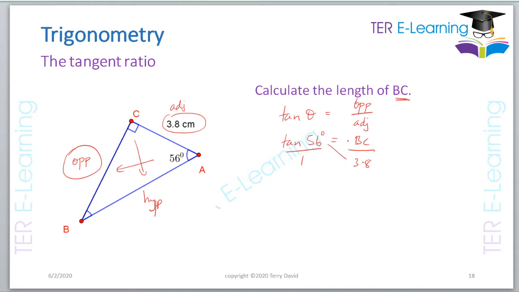Cross multiplying, BC by 1 gives me BC, which is equal to 3.8 multiplied by tan 56 degrees. When you work this out, you're going to get 5.63 centimeters. So for those of you who got 5.63, the answer is 5.63.